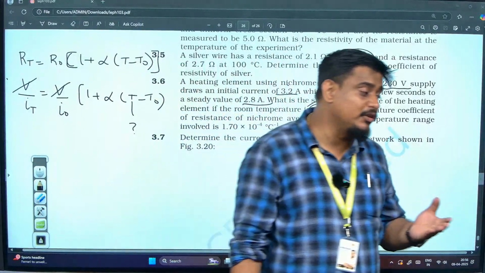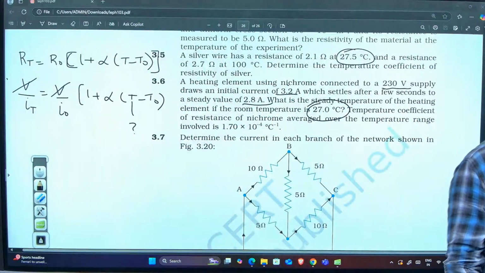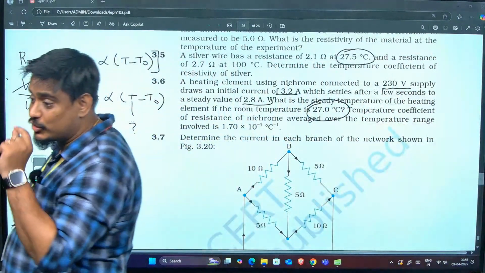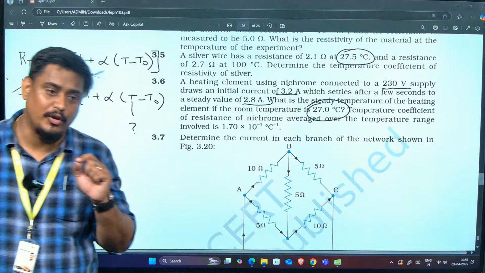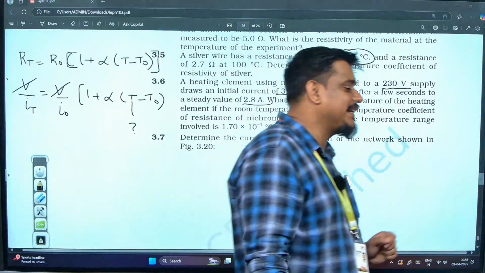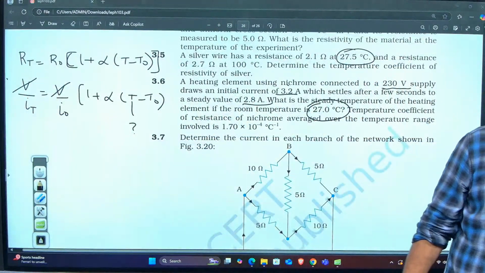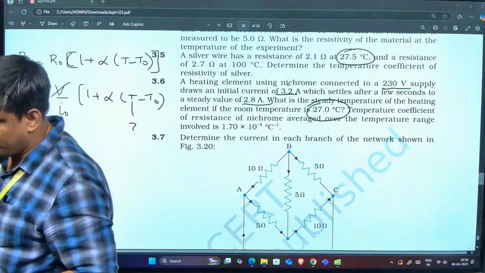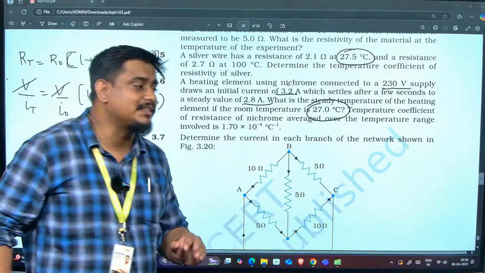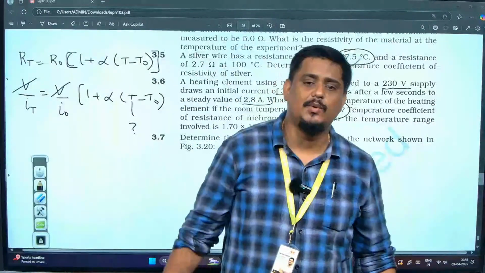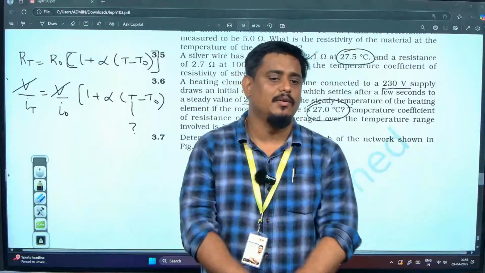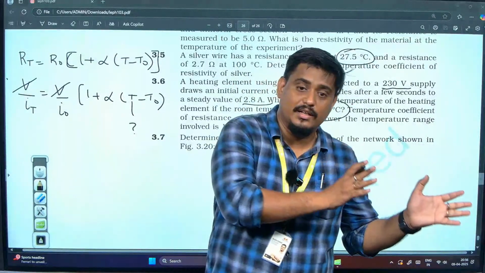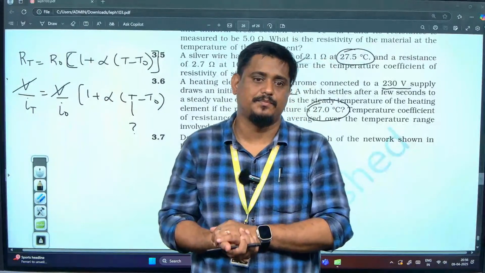We also learned about the relationship of current with drift velocity: I is equal to n e A vd, where small n is the number of electrons per unit volume, e is the elementary charge, A is the area of cross section, and vd is the drift velocity. We also learned about current density, which is equal to I by A cos theta, from where we understand current is a scalar quantity because it is the dot product of current density and area vector.